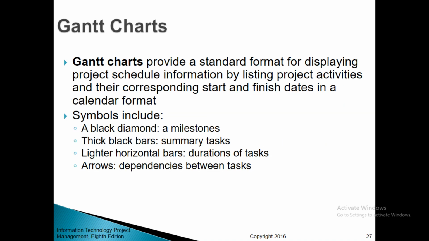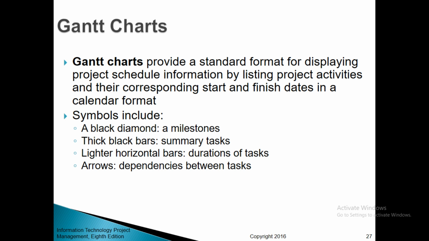Gantt charts. Gantt charts provide a standard format for displaying project schedule information by listing project activities and their corresponding start and finish dates in a calendar format. And the symbols include a black diamond, ibig sabihin niya is a milestone.